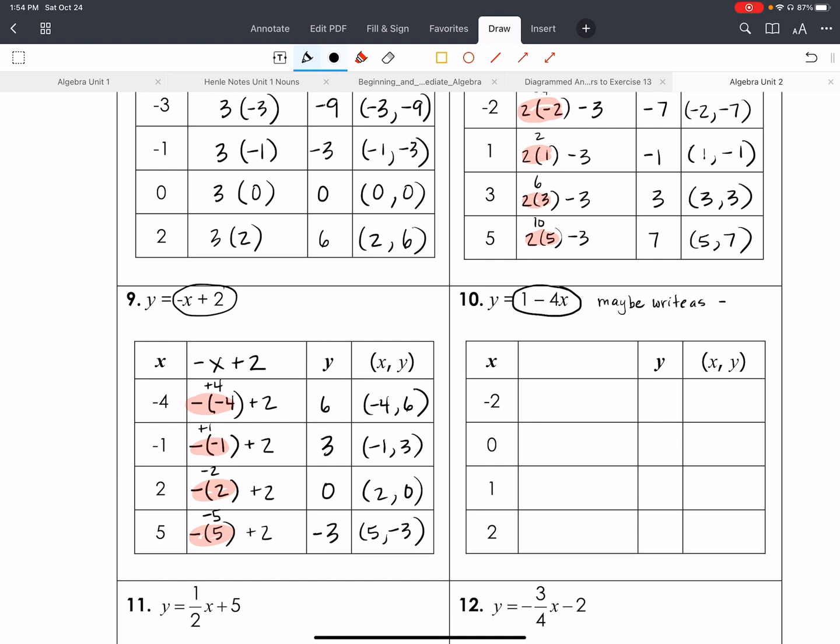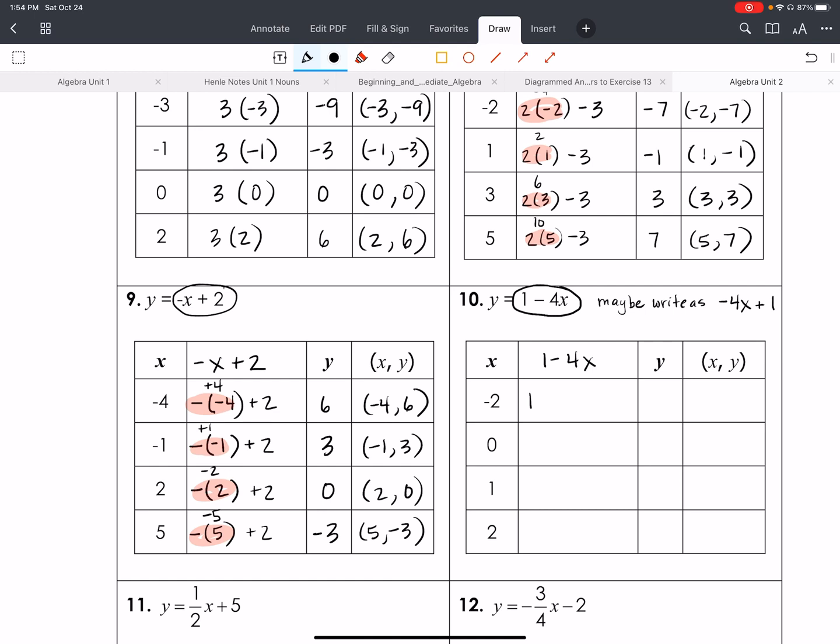I can do this as long as I don't leave any signs behind. So I still have to remember that I'm subtracting the 4x, okay, and then that 1 is a positive, so it's like adding 1. So you could switch them around if it helps you any. Otherwise, you just would take your rule and write it in there.